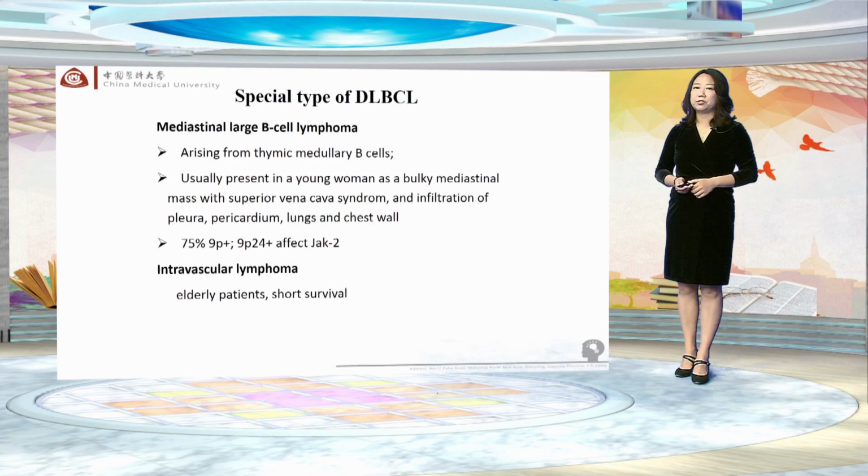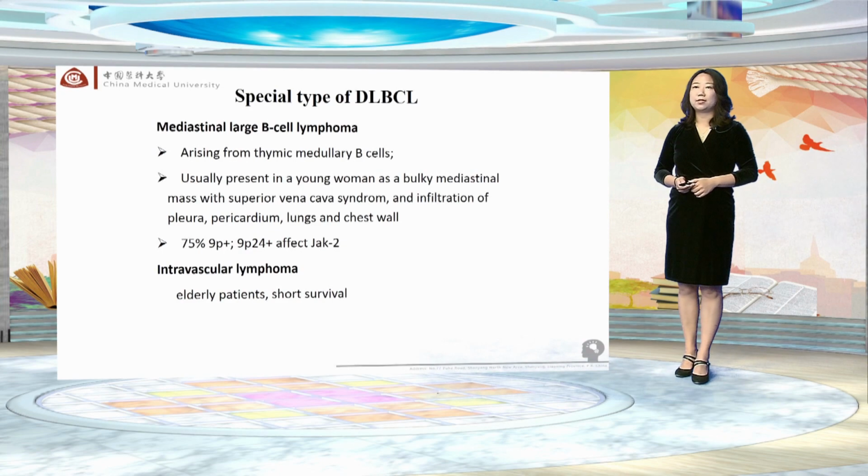Since most of the patients present without involvement of extramediastinal sites, on histology, the tumor is characterized by a diffuse infiltrate of large cells with clear cytoplasm and some sclerosis.